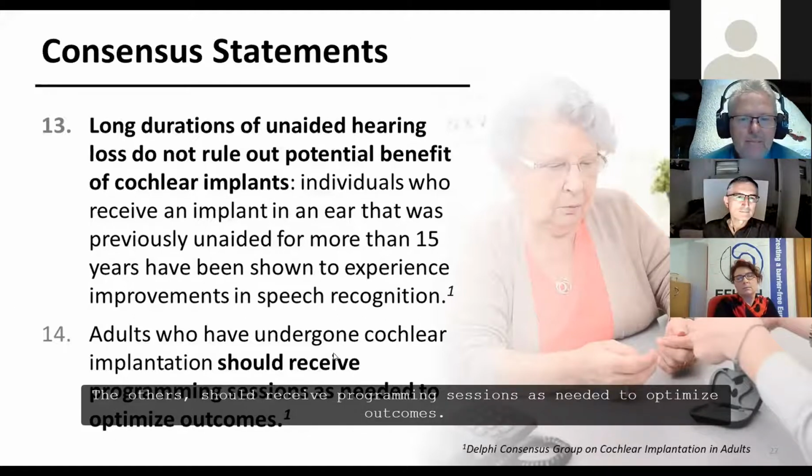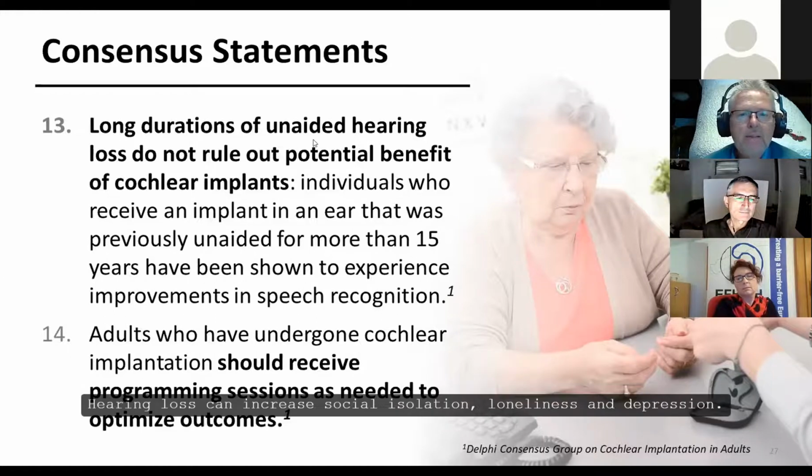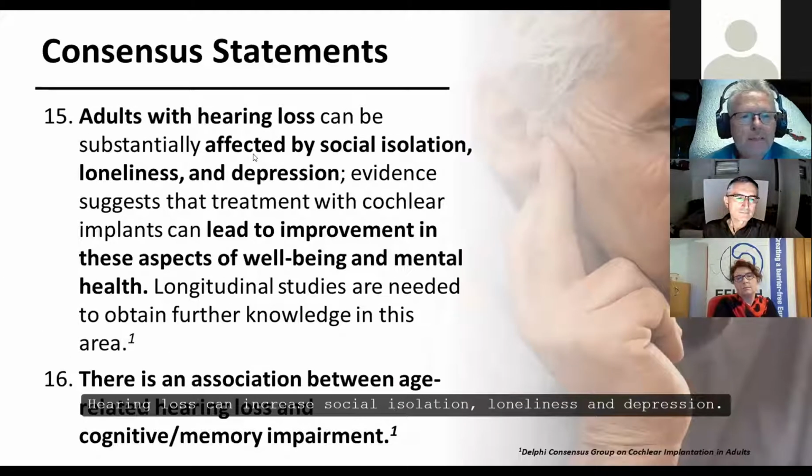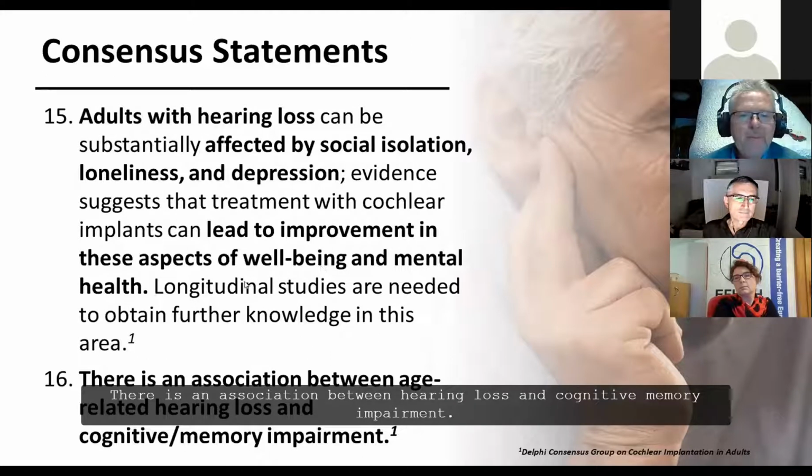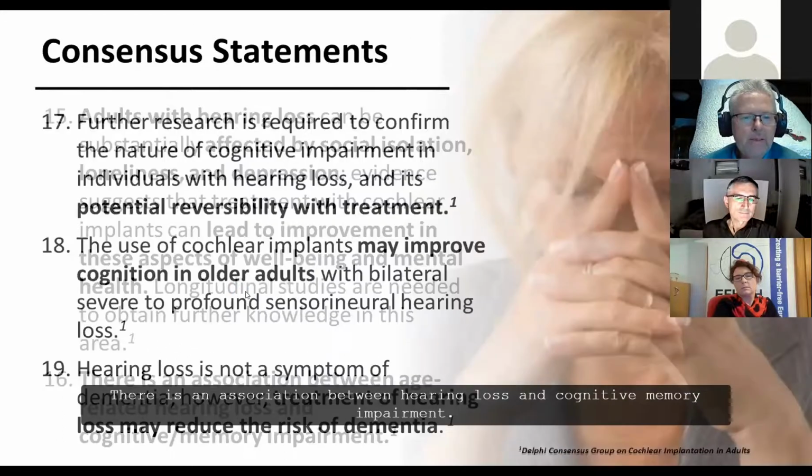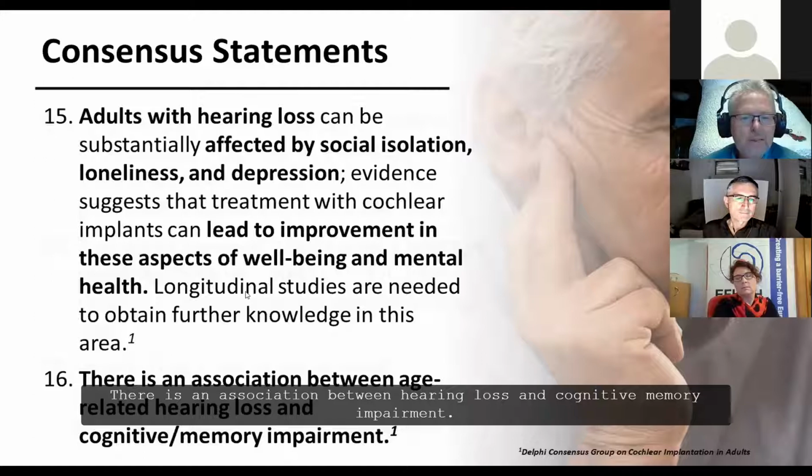Adults should receive programming sessions as needed to optimize outcomes, and treating hearing loss can prevent an increase in social isolation, loneliness, and depression. And there's an association between hearing loss and cognitive and memory impairment.